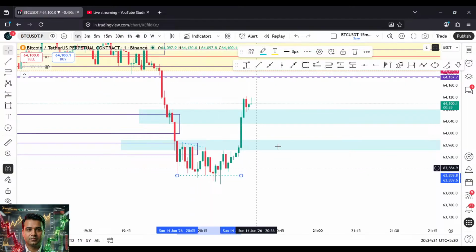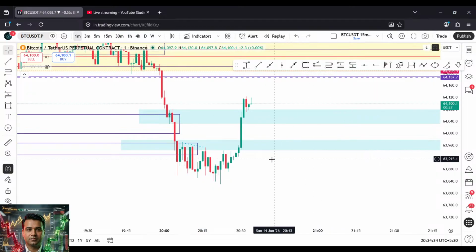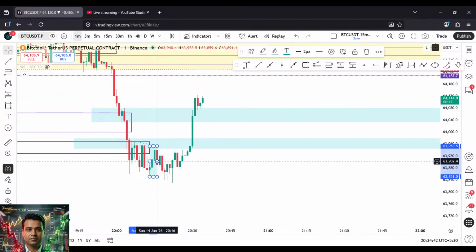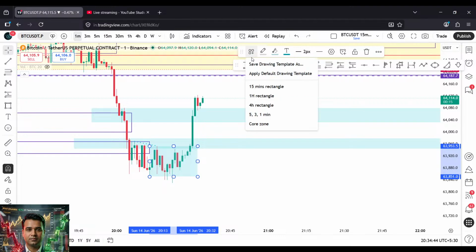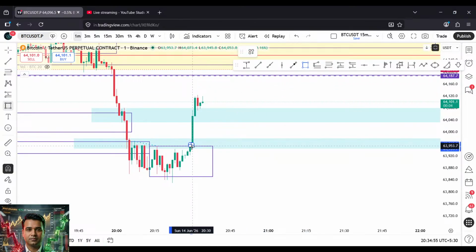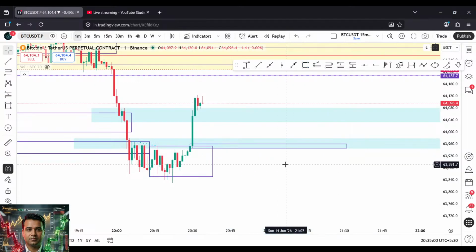So now we have two important zones here. This zone sent the price down, so this will work as FL as well. And its swap is here. But this hasn't taken the DP.